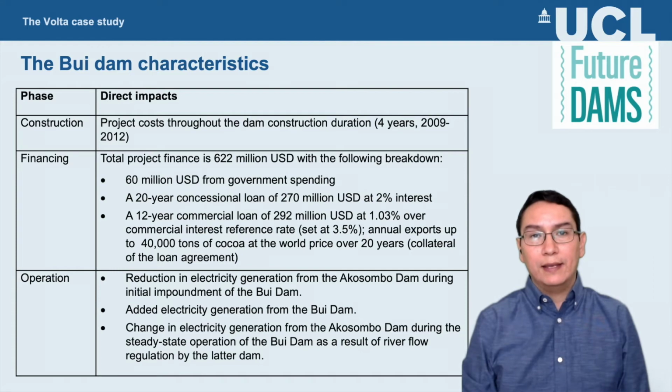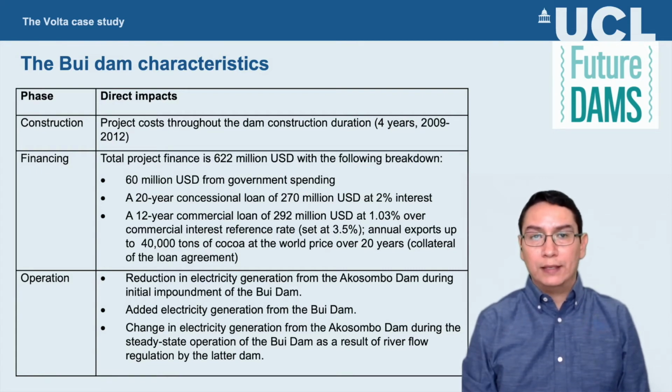The government financed its construction, getting a 20-year concessional loan for $270 million, a 12-year commercial loan for $292 million, and the remaining $60 million was financed from government spending. A particular condition of the commercial loan is the agreement to export to China up to 40,000 tons of cocoa for 20 years at a fixed price.